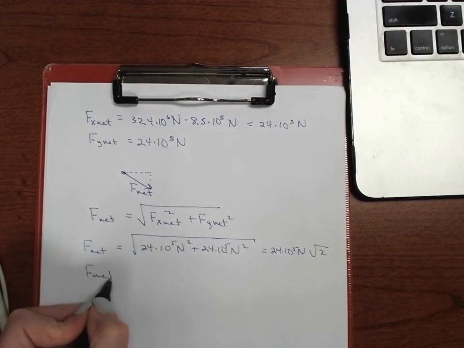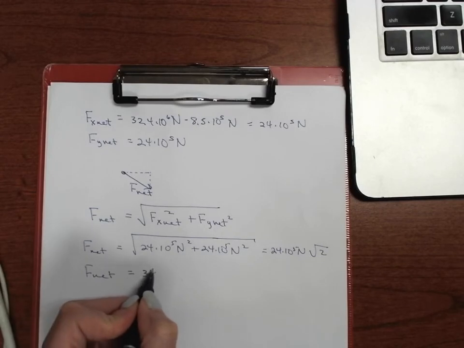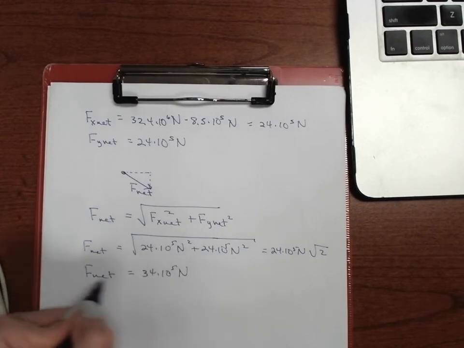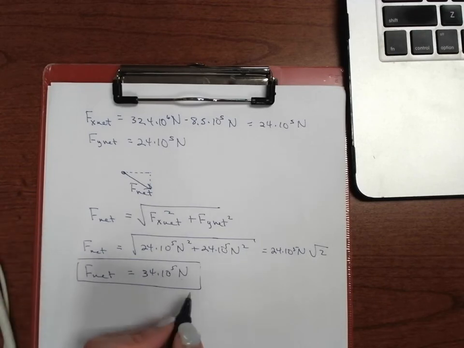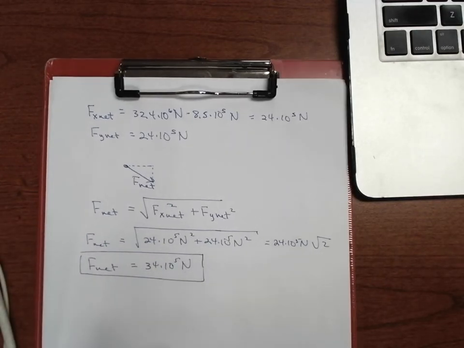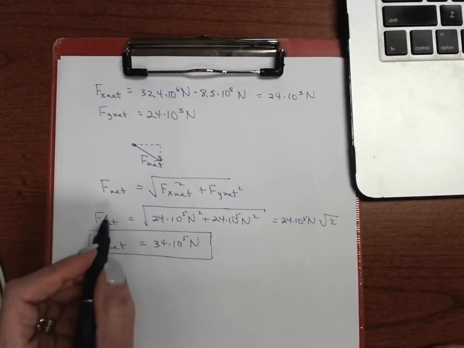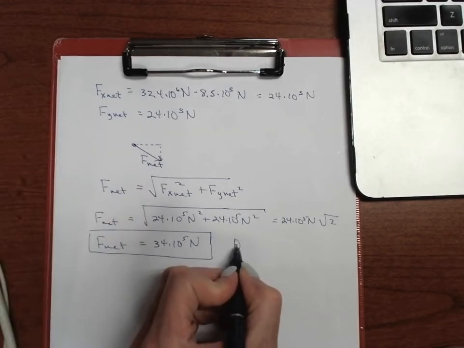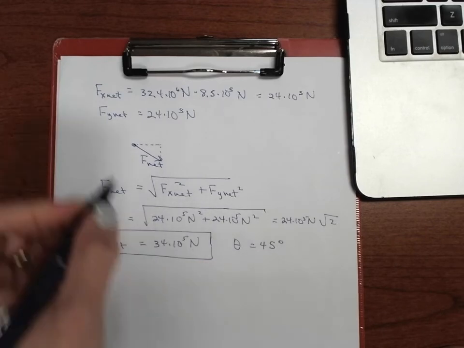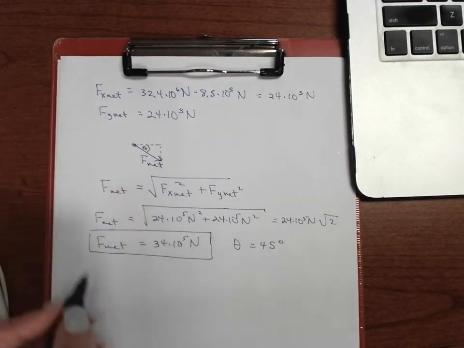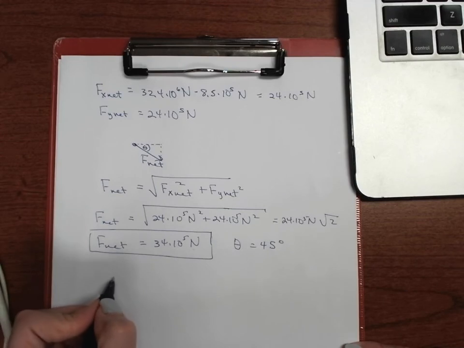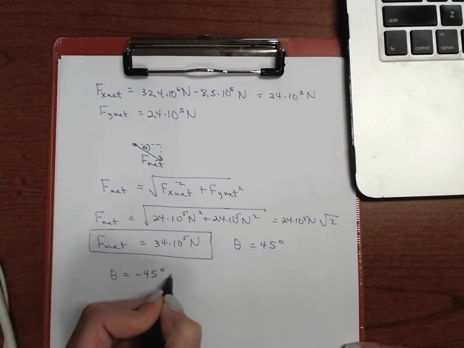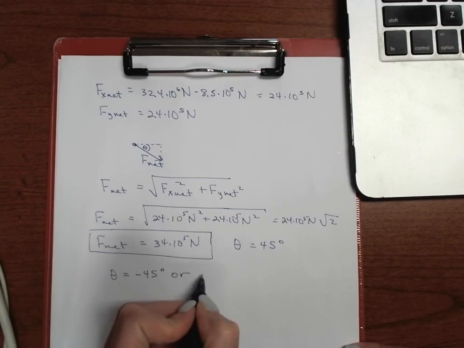When I do that math, I get F net is equal to 34 times 10 to the 5th newtons. And that is my net force going this way, and I know theta is equal to 45 degrees, so this is my theta. So I can either say that my direction theta is equal to negative 45 degrees, or theta is equal to 360 minus 45, which is going to be 315.